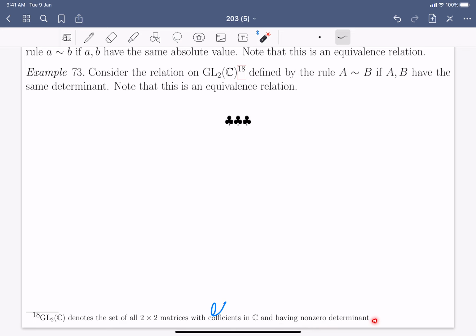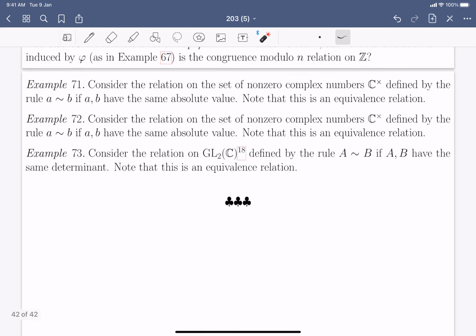So this is GL2 C, and one can consider the following relation on GL2 C. Given two elements A and B inside GL2 C, we say A is related to B if A and B have the same determinant. So note that this is an equivalence relation.